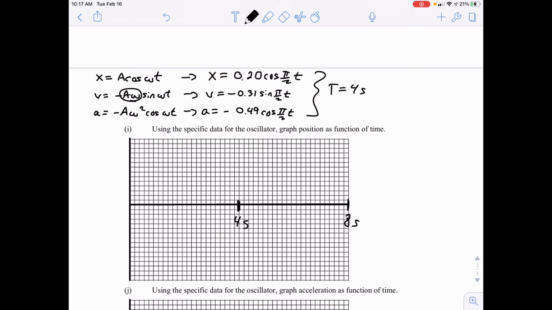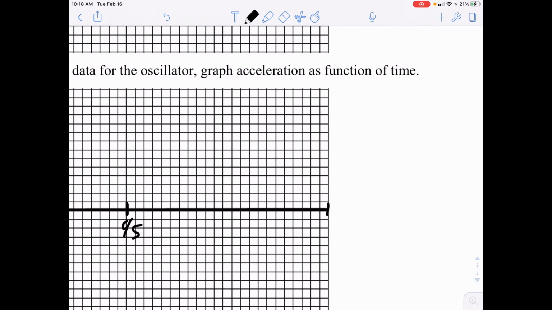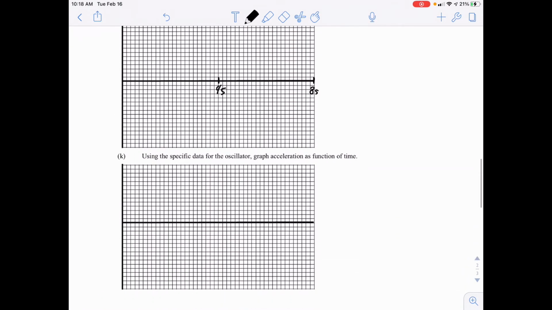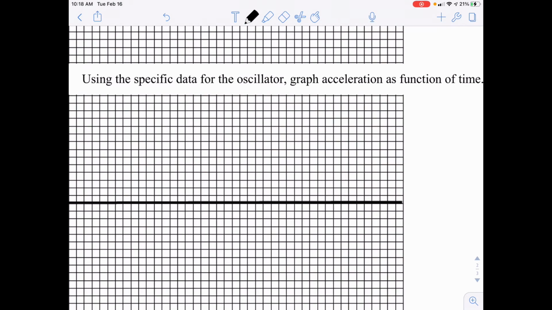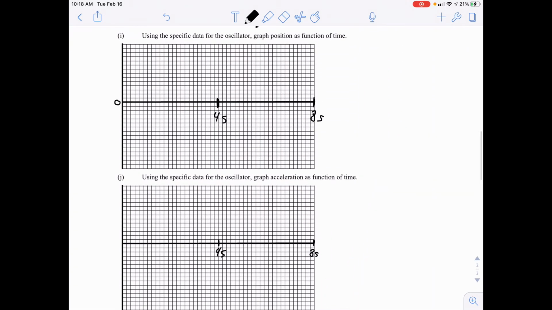So I'm going to complete 2 complete cycles. I'm going to do that for each graph: 4 and 8, 4 and 8. And of course, that being 0.